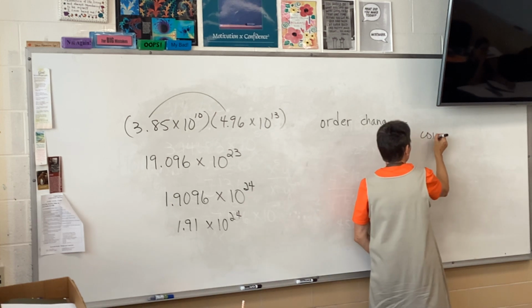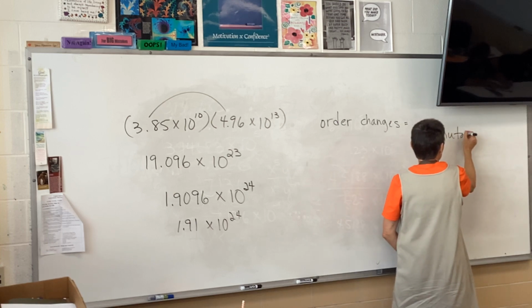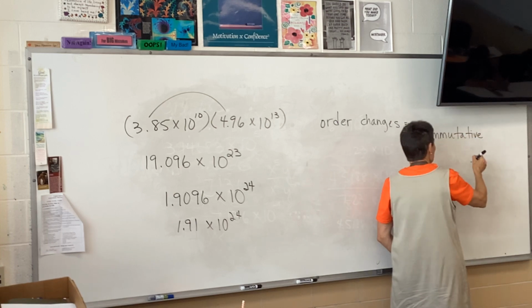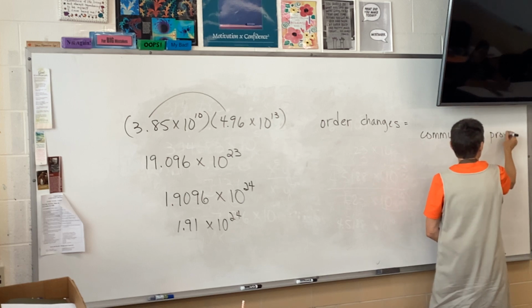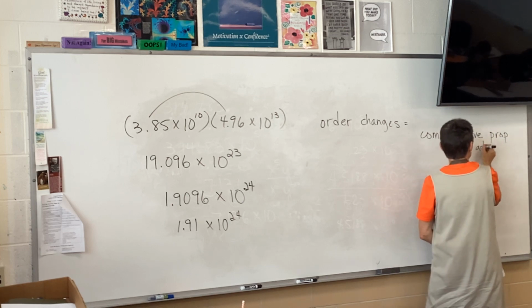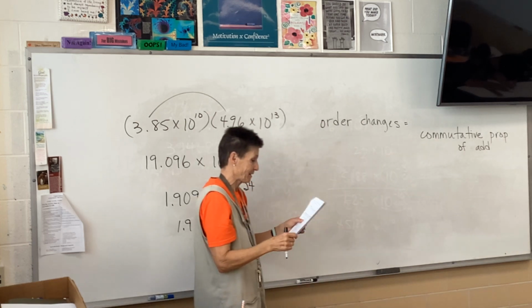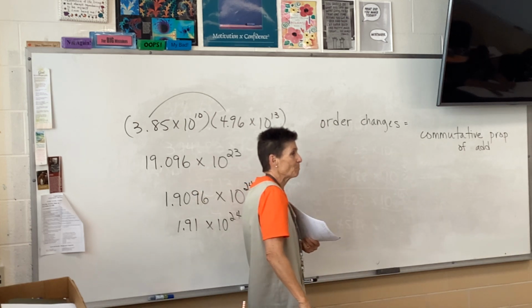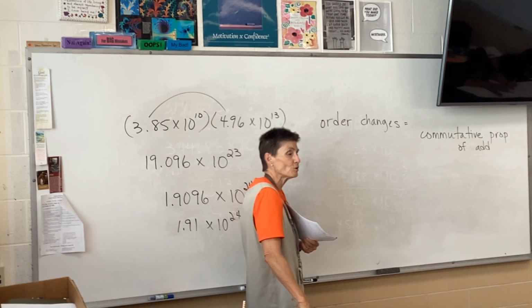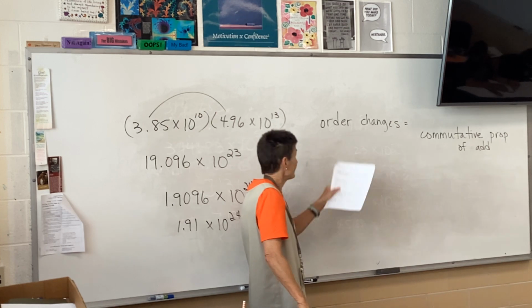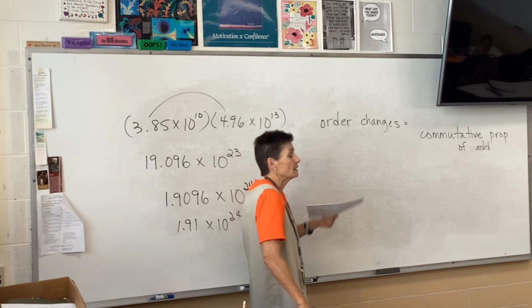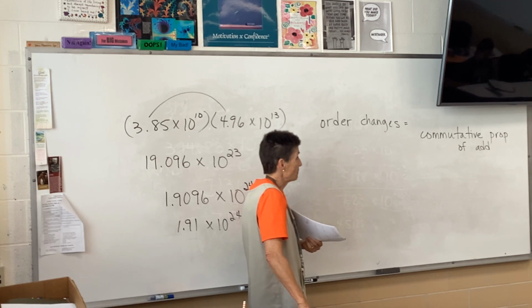Commutative. So this is the commutative property, and this one is of addition because we're adding the X and the Y. When you see order changing, that's the key, order, then it's commutative.